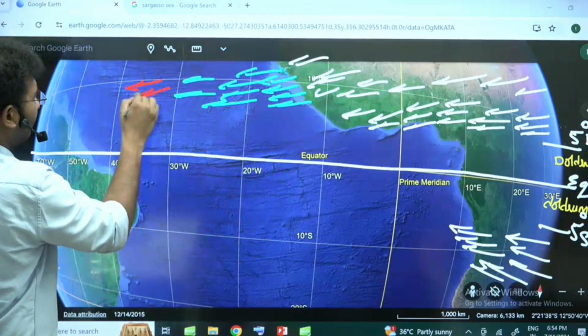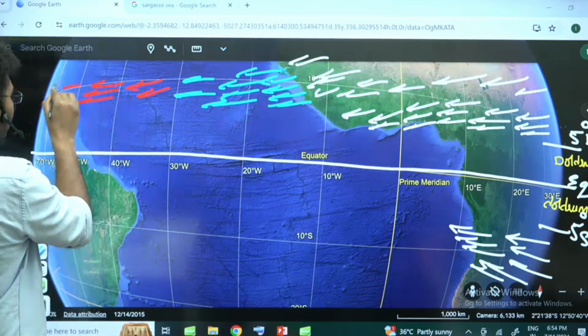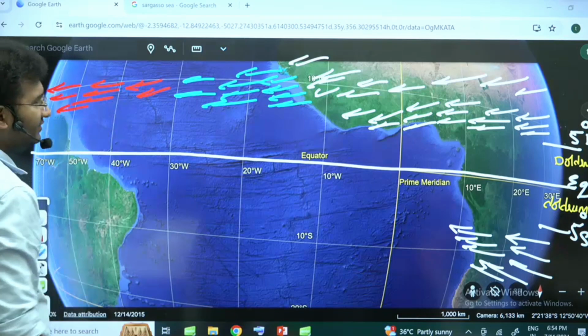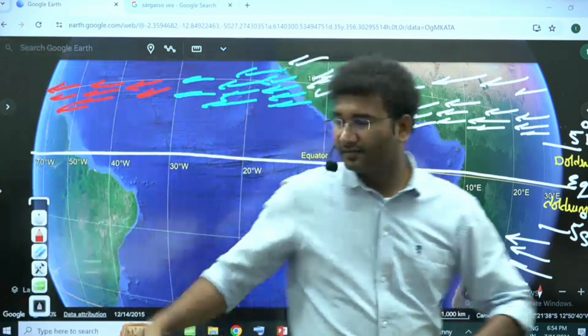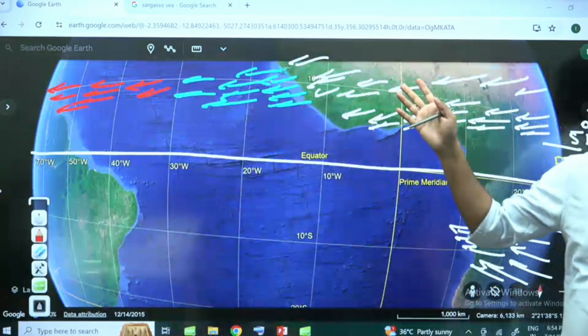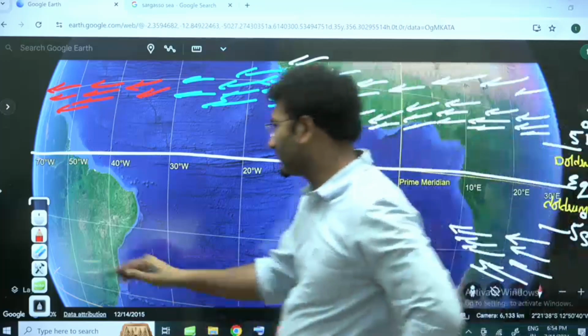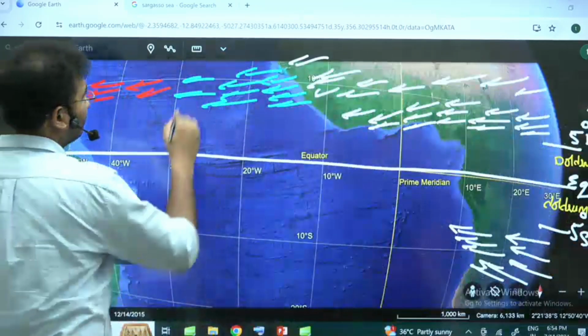What is the name of this current? Yes, what is the name of this current? The one which I have drawn on the board. North equatorial current. This is called as north equatorial current.